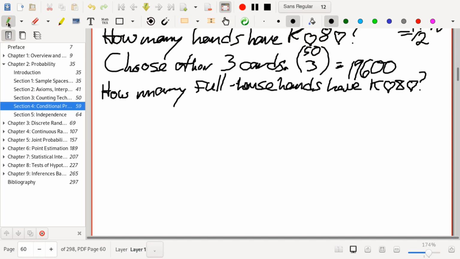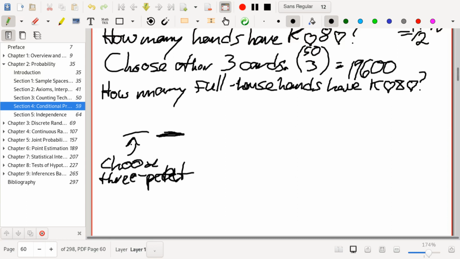So we're going to have to choose the, I'm going to abbreviate this as three-peat, P-A-T. So we're going to have to choose the three-peat card and think about how many ways there are to choose it. Then we pick the other 2 cards. We're picking the face value of the card.